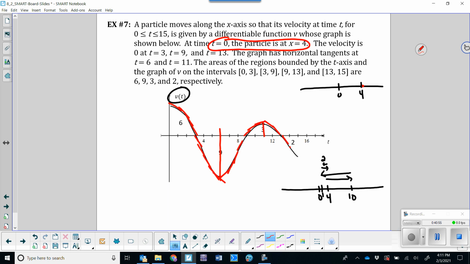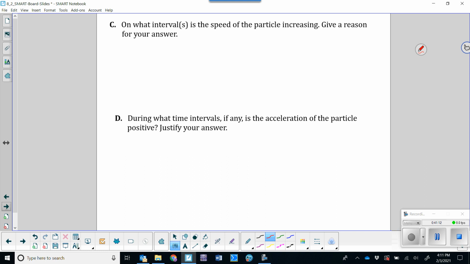Here we would still have negative slopes, but we have negative velocity. So that means from 3 to 6, 9 to 11, and 13 to 15, those would be when the particle is speeding up. Speed increasing, speeding up, same thing, okay?